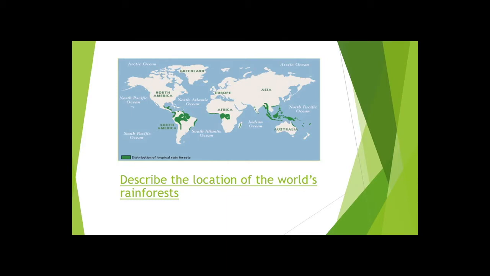Where in the earth will you find these rainforests? And I'd like you to refer to that invisible line around the middle. And if you can, include compass directions in the countries or the continents. Please pause the video to do that, and when you're ready to resume, press play.